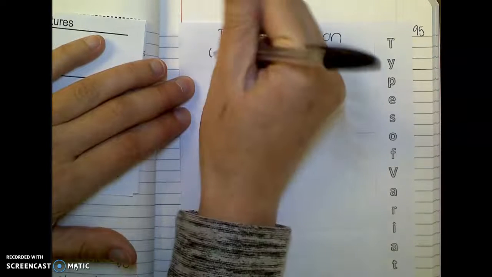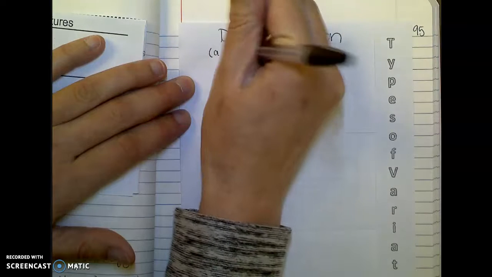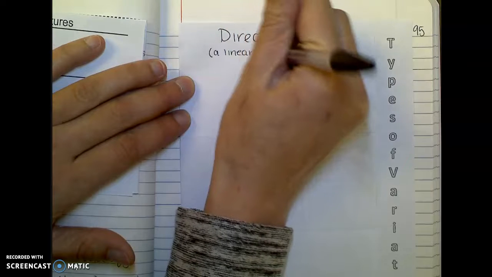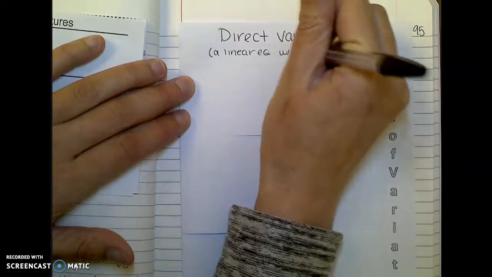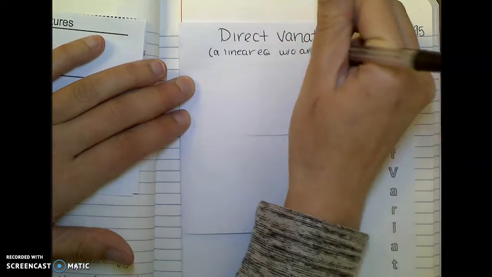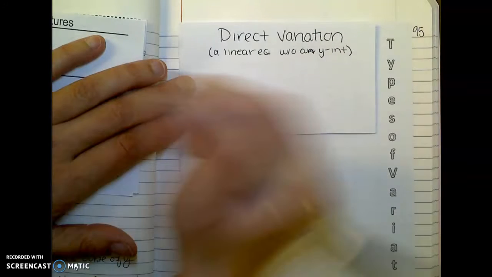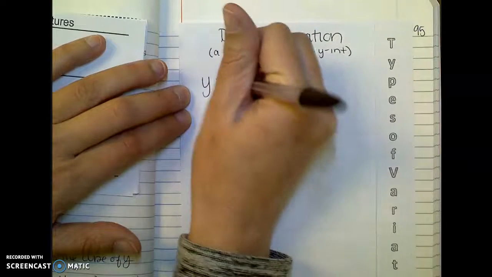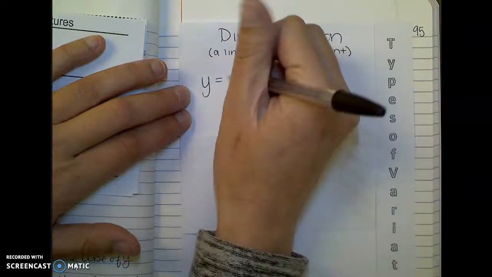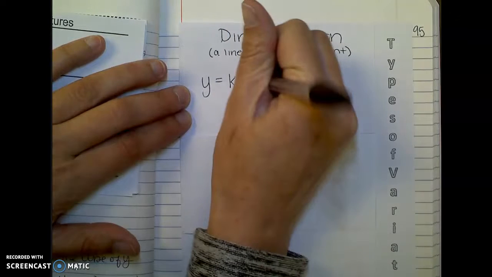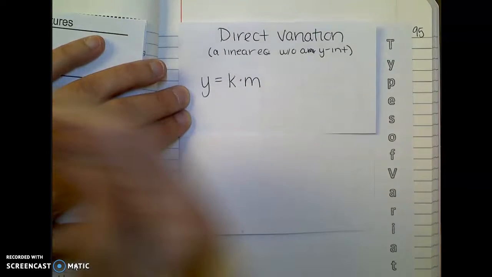Now, direct variation is really just a linear equation without a y-intercept. Okay, so it just looks like y equals mx, although for whatever reason they decide to call here m k.